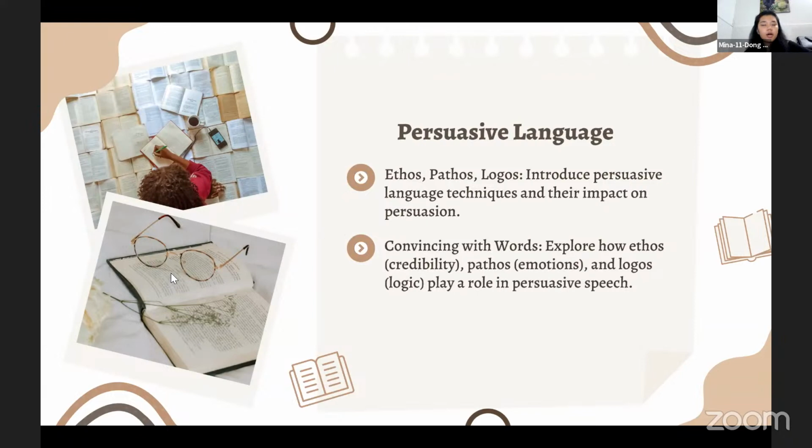So that's why you need all of them. Very good. So the combination of pathos, ethos, and logos will help you with your speeches. Thank you.